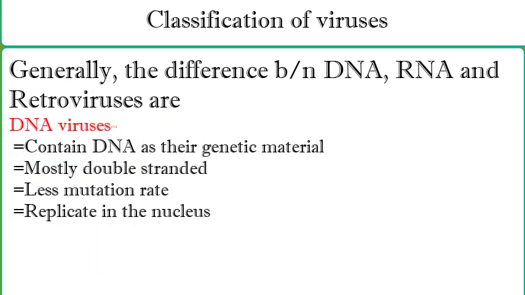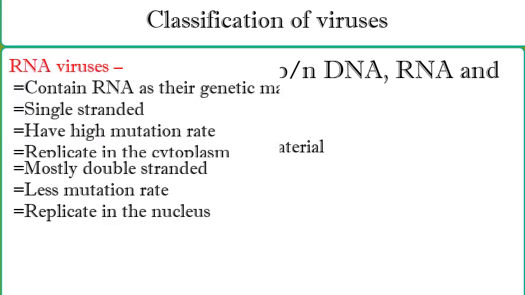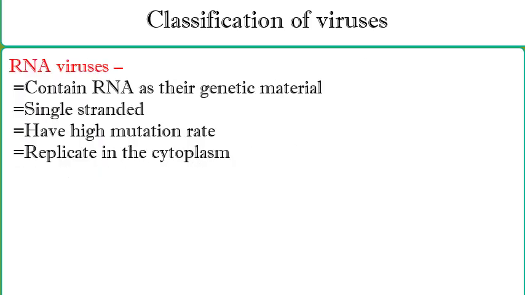Generally, the differences between DNA, RNA, and retroviruses are as follows. DNA viruses contain DNA as their genetic material. DNA viruses mostly contain double-stranded DNA molecules. DNA viruses have a lower mutation rate and they replicate inside the host nucleus. RNA viruses contain RNA as their genetic material, and this RNA is single-stranded.